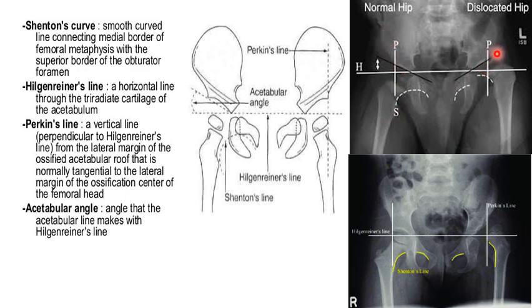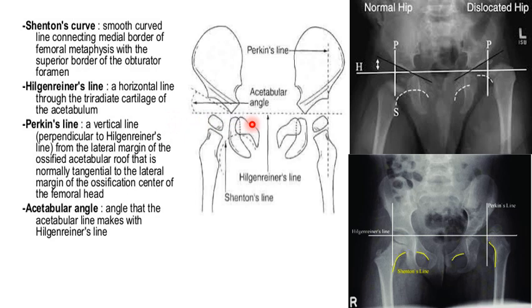Perkins line is a perpendicular line that is drawn to the Hilgenreiner's line from the lateral margin of the ossified acetabular fossa, which usually coincides with the lateral margin of the femoral head. And the acetabular angle is the angle that is formed by the acetabulum to the Hilgenreiner's line.